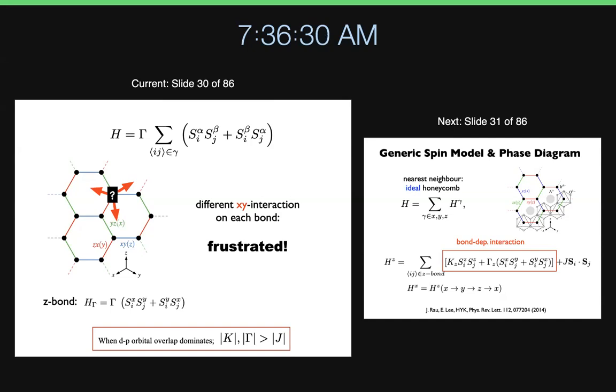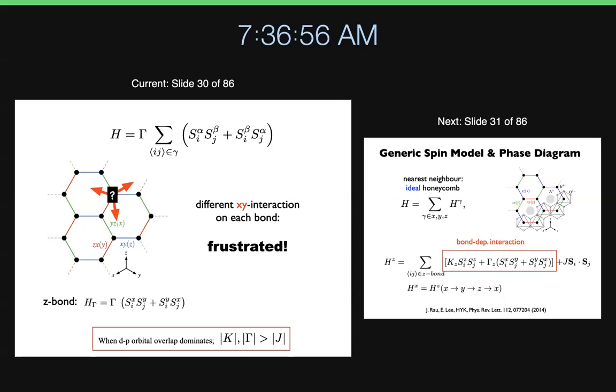There's also a fine-tuned point where gamma is equal to Kitaev, so that it becomes solvable. You can fine-tune the problem, for example. I think one of these, lithium iridium oxide, Li2IrO3, is probably closer to that point, where the spiral order appears.